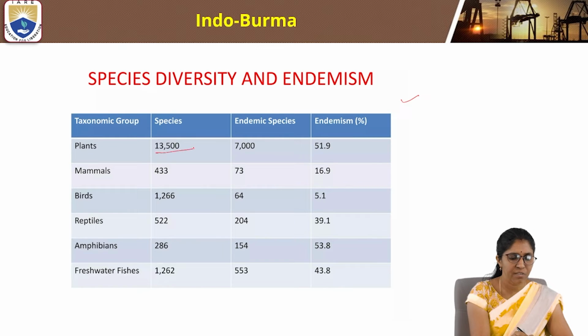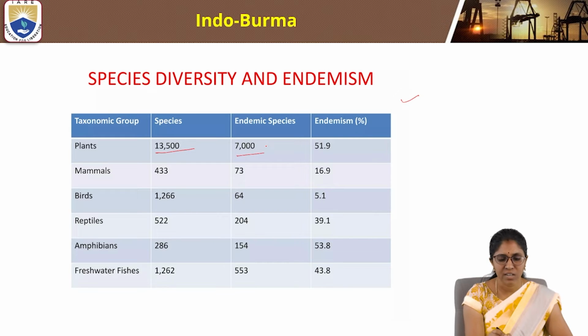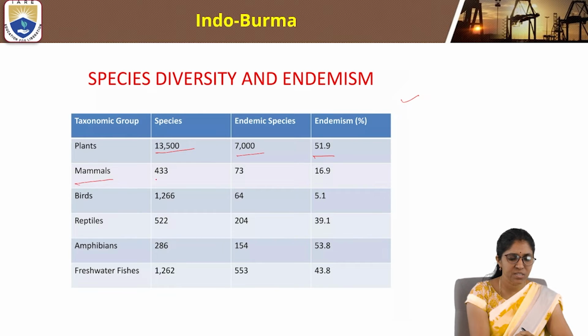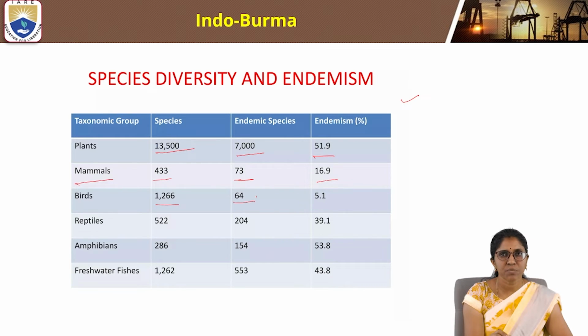Here we have 13,500 species of plants, and 7,000 of them are endemic species, an endemism percentage of 51.9. For mammals, we have 433 species, of which 73 are endemic, and the endemism percentage is 16.9. There are 1,266 species of birds in the Indo-Burma hotspot, and 64 are endemic, which is 5.1 percent endemism.